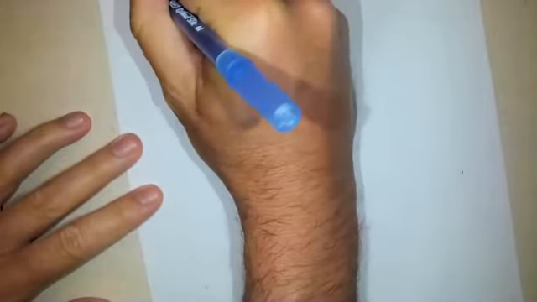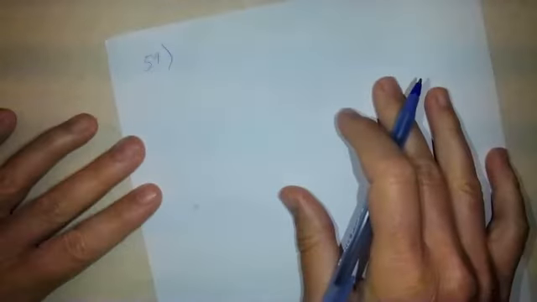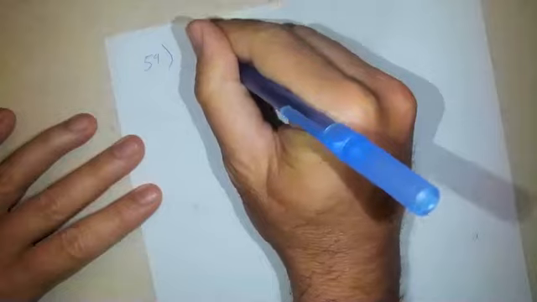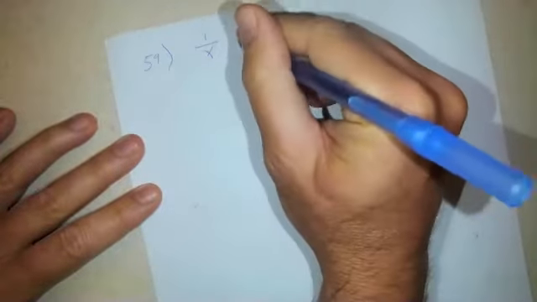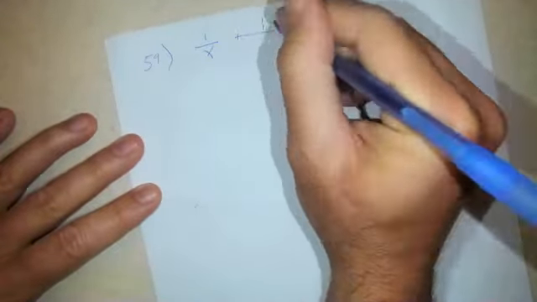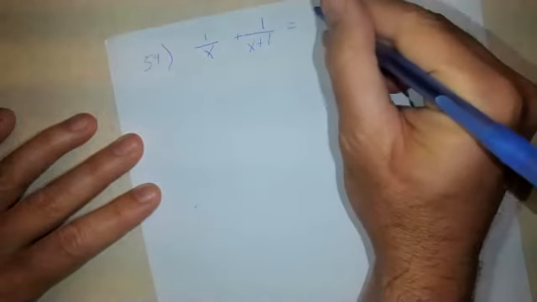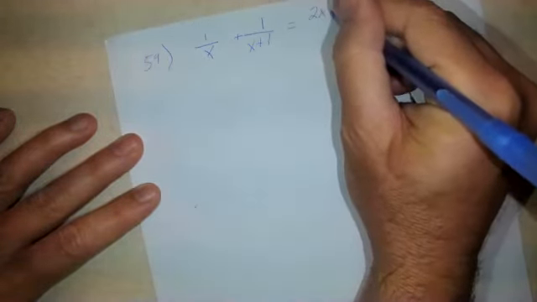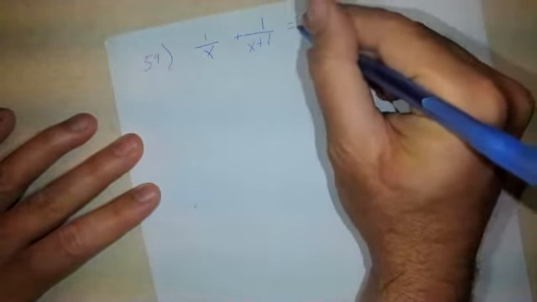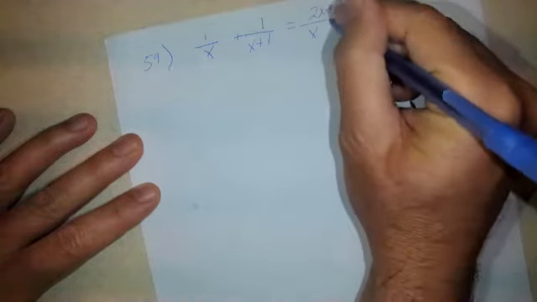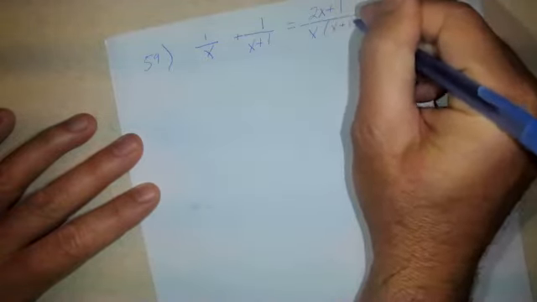So problem number 59, it's something like this, where I say 1 over x plus 1 over (x plus 1) is equal to (2x plus 1) over x times (x plus 1).